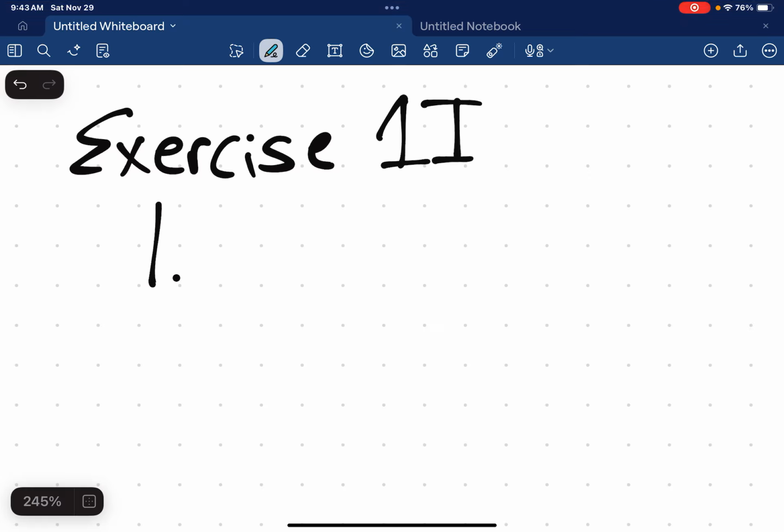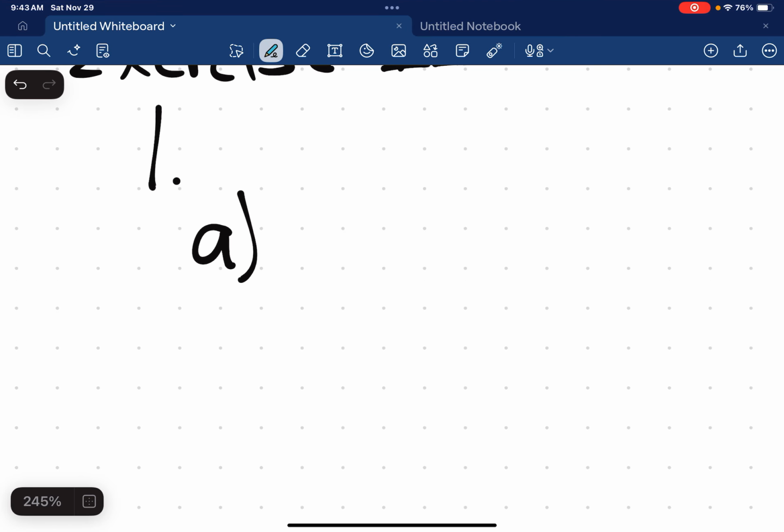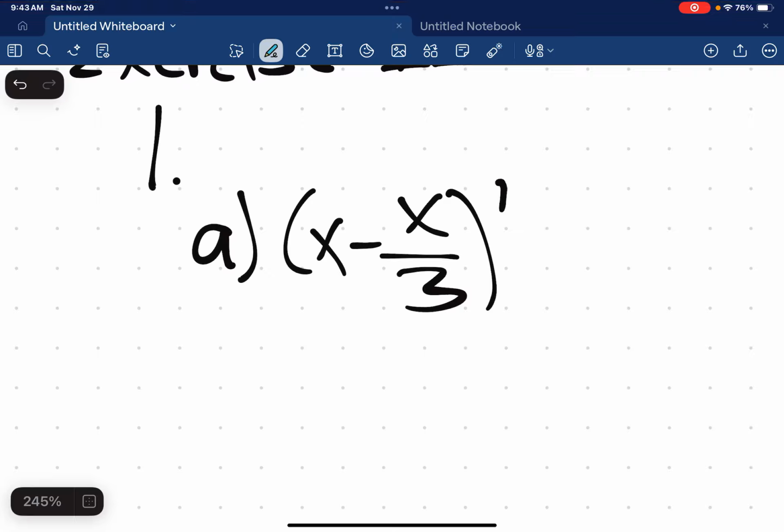Alright, number 1 is asking us to write the first 4 terms in the binomial expansion of each of these. So A is going to be 1 minus x divided by 3 to the power of 11.